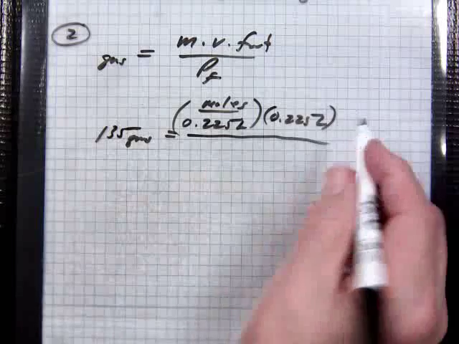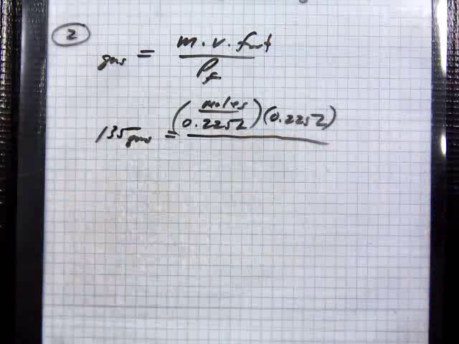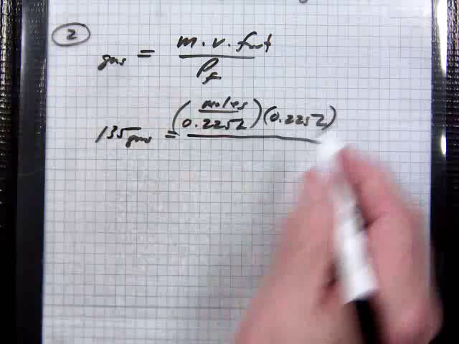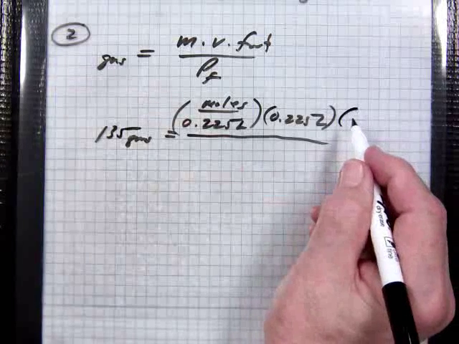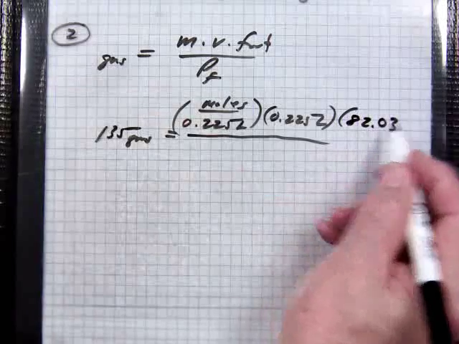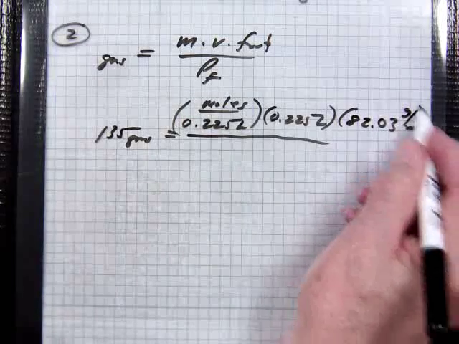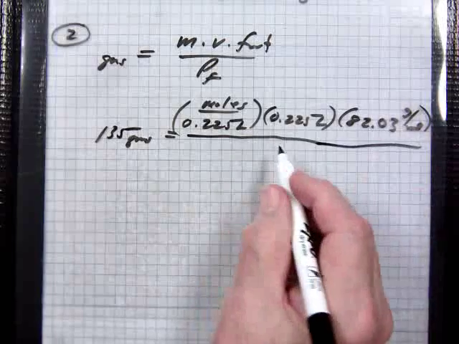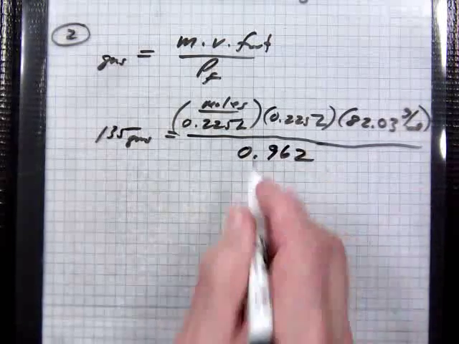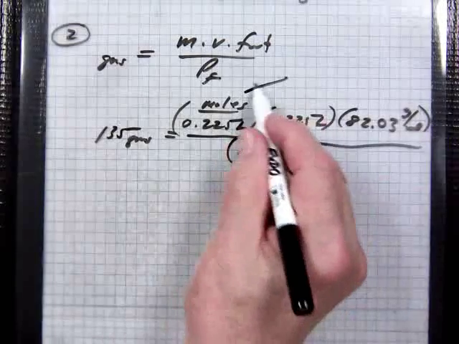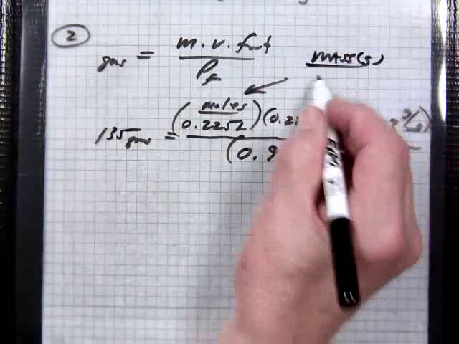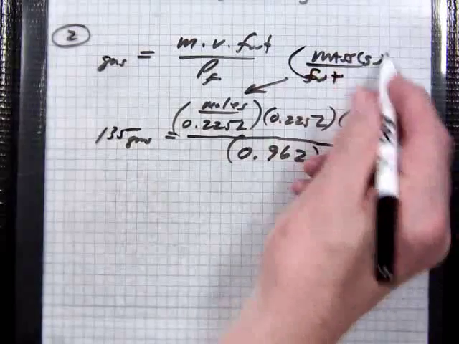The assay purity is 96%. Formula weight, did I give you that? Yeah, 82.03 grams per mole. And the assay is 0.962, like that. Now, moles is mass in grams over formula weight.